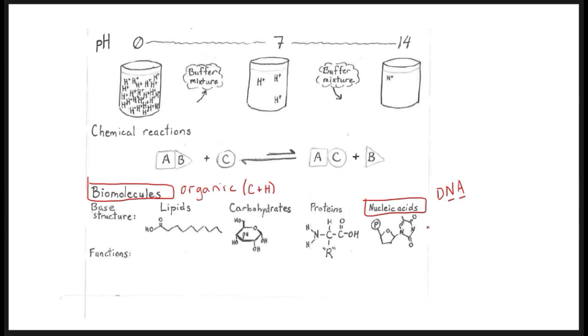Each nucleic acid, along with all of these, has a base structure, also known as a monomer, and these are going to be put together into larger structures. The monomer pictured here is a nucleotide. DNA has 4 nucleotides: adenine, thymine, guanine, and cytosine, and we'll mostly just use those letter abbreviations.